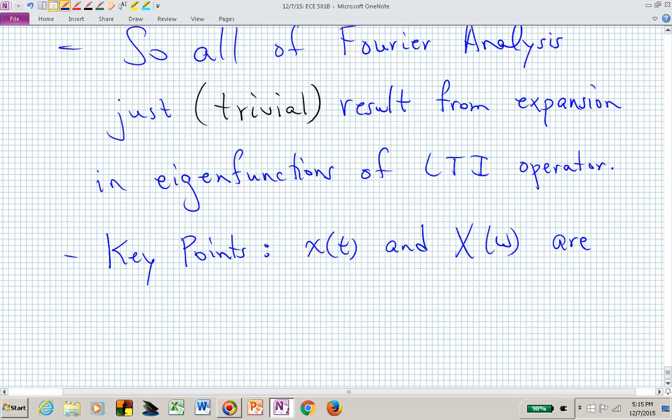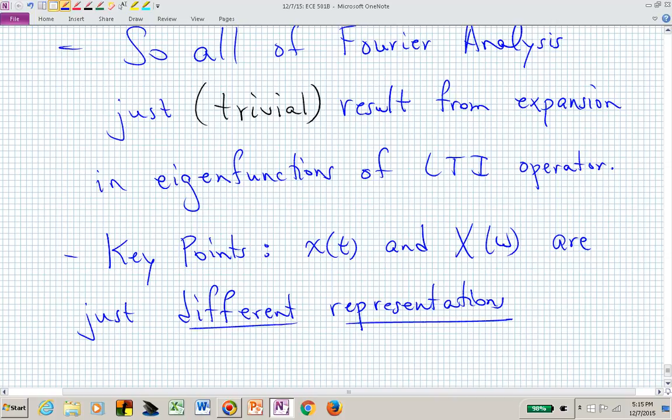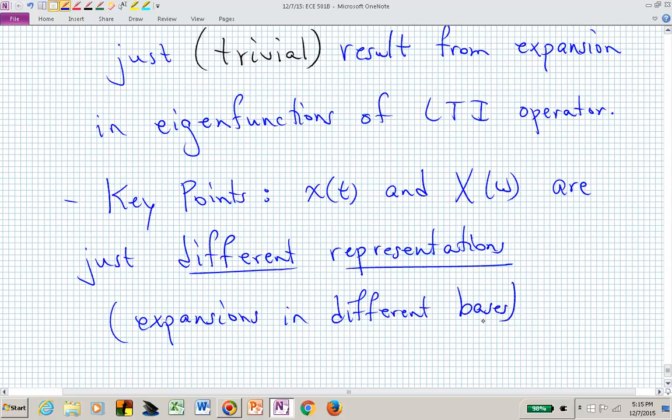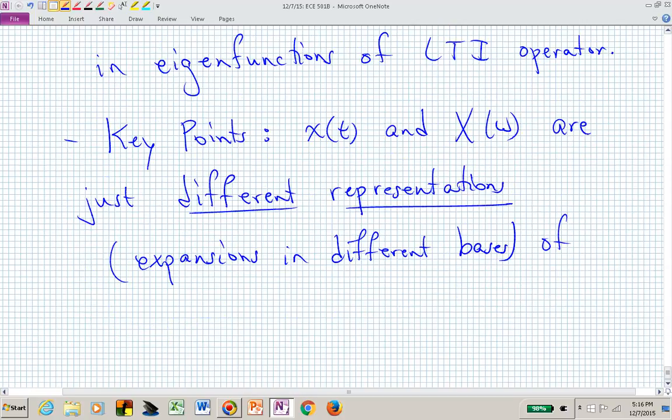Little x of t and capital X of omega are just different representations or expansions in different bases of this abstract signal x.